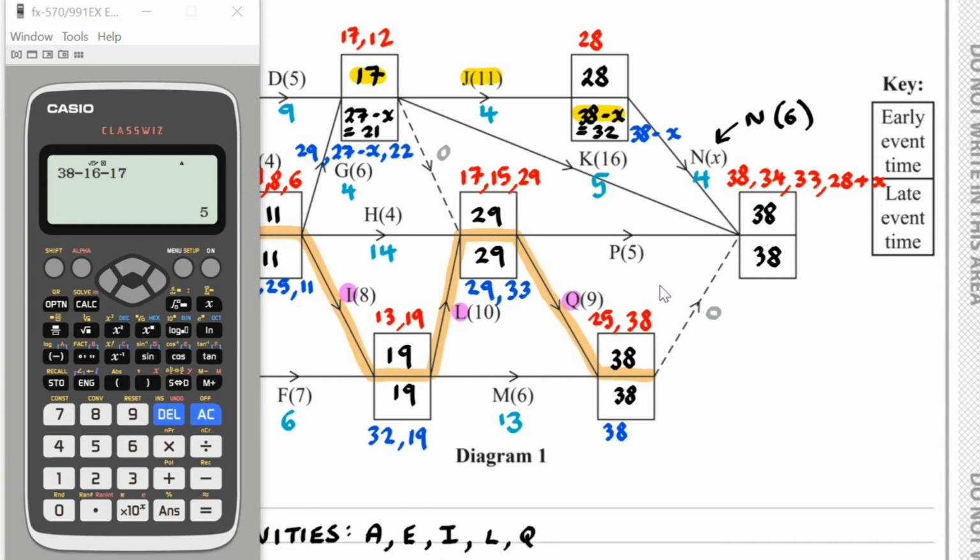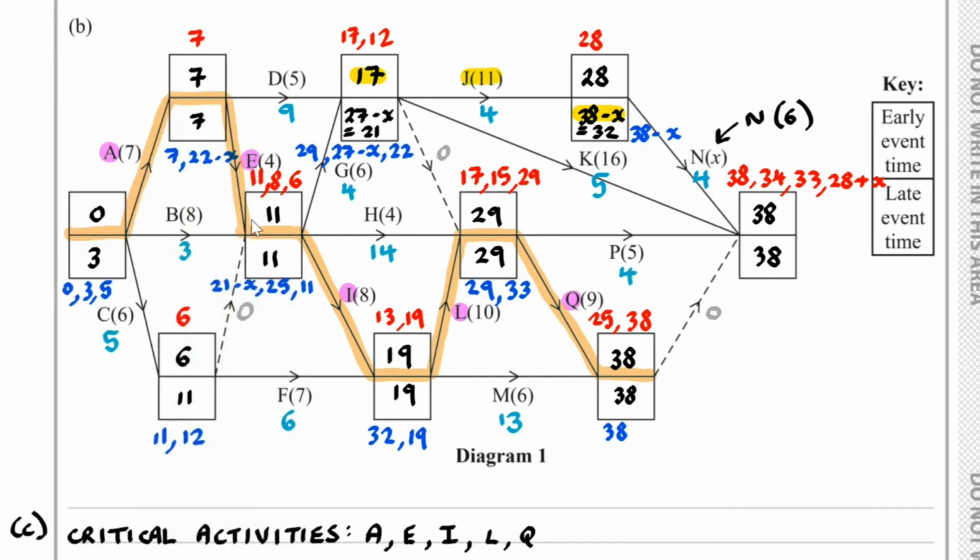And then for P, we have 38 take away 5 take away 29, which is 4. So with all that, we know the float times, so we can complete our cascade diagram.